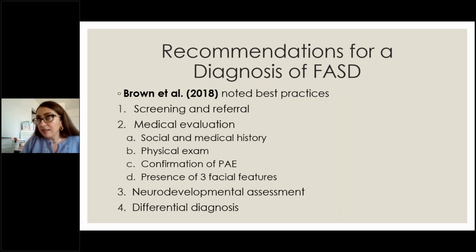We can look at substance use treatment records of the mom. And we can also look at social, legal, and medical problems that were noted in the medical records during pregnancy due to drinking. Okay, so those are all different ways to confirm prenatal alcohol exposure that a good evaluation needs to definitely look at.